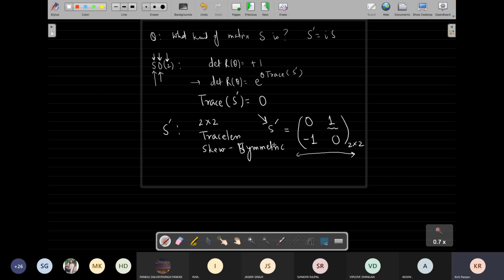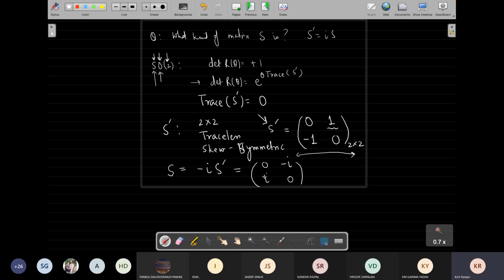But I wrote it in terms of S prime, so let me write down the same thing in terms of S. How can I write it in terms of S? Minus I S prime. Okay, great. And what will be this structure? 0, minus I, I, 0.